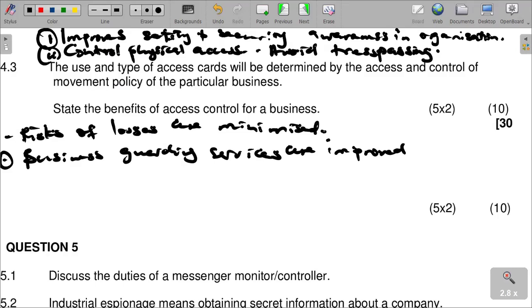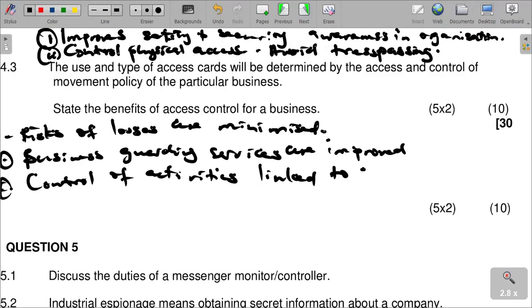And then we can also protect against activities linked to specific employees.